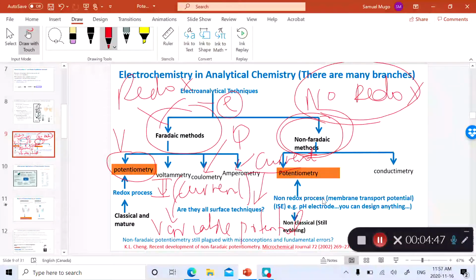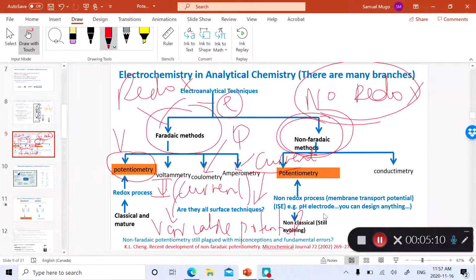And because of that, you've got a charge separation giving you a potential difference, and potential difference actually means a voltage. Sometimes we call these the non-classical potentiometry. It is the most common nowadays, especially when you're trying to make different types of sensors, or what you call the ion selective electrodes.